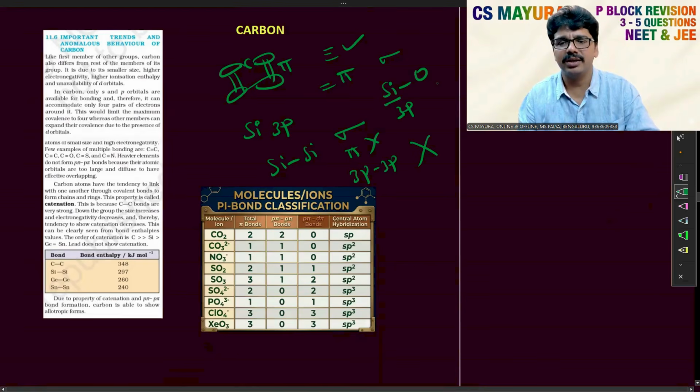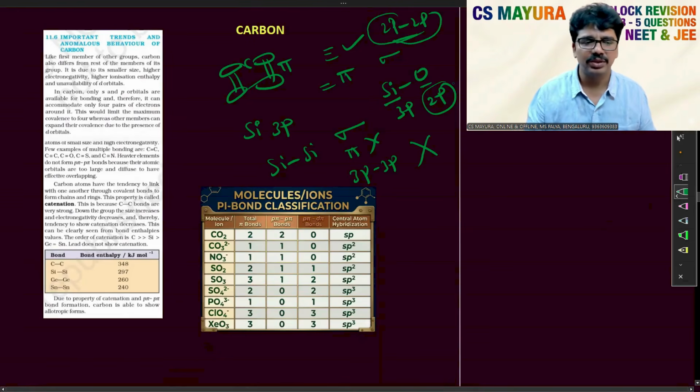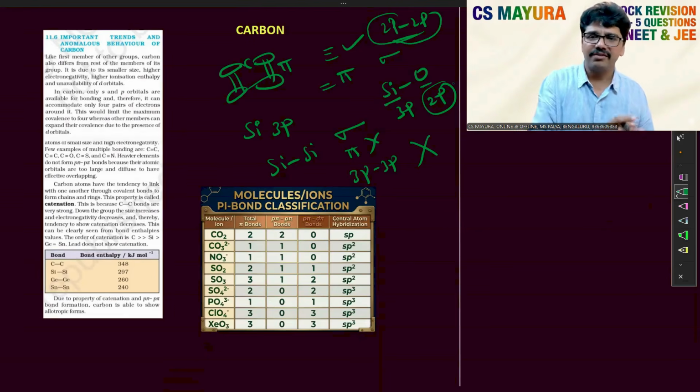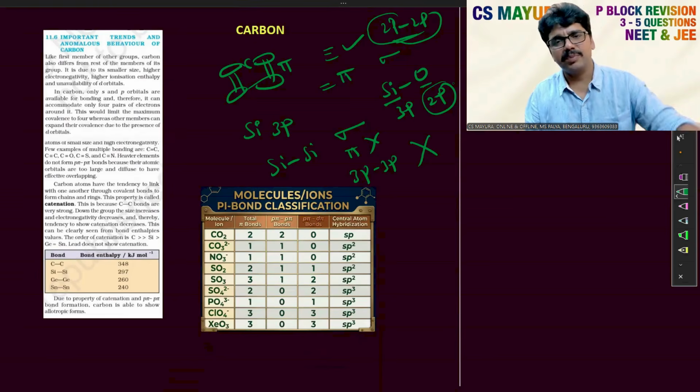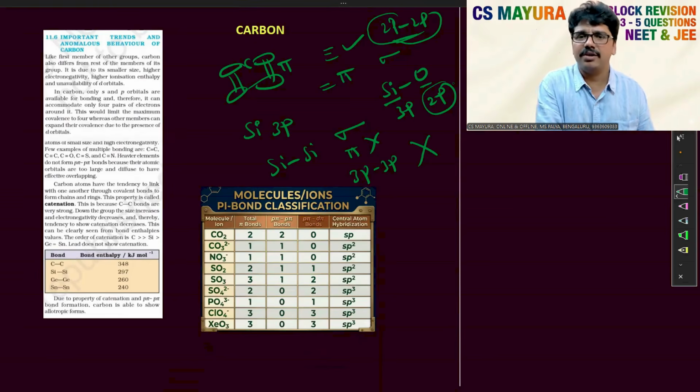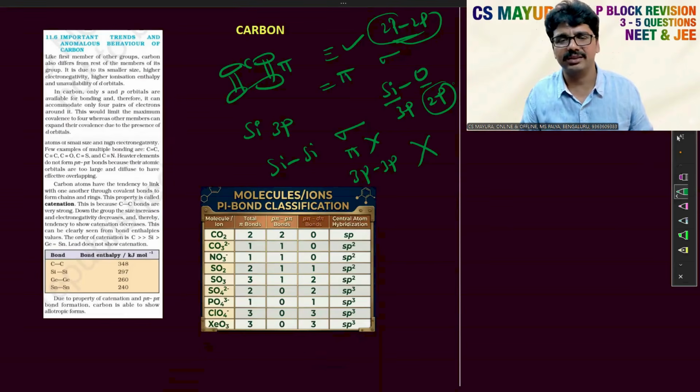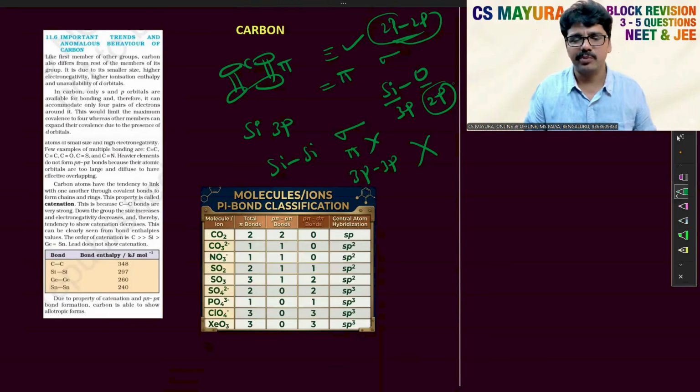Silicon is giving a 3p orbital, oxygen is giving a 2p orbital; 2p is smaller and 3p is bigger, but somehow it can form a pi bond. That pi bond is weaker than a 2p pi bond. A 2p pi bond is stronger, and 3p with 3p is not possible. So carbon can form pi bonds. Silicon can form pi bonds with second period elements, but silicon cannot form pi bonds with third period elements. 3p with 3p or 4p is not possible. That is one important point.